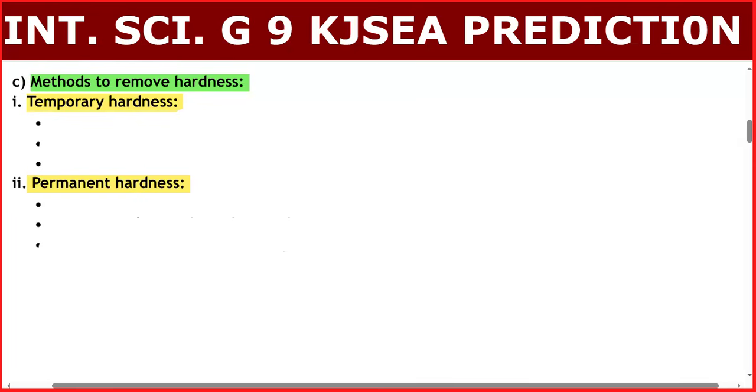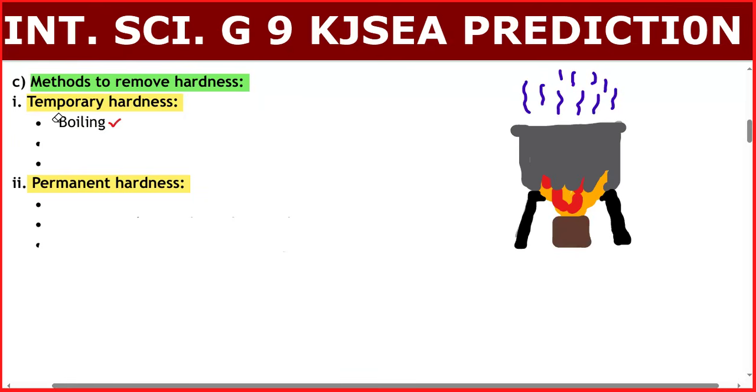All right, temporary water hardness can be removed by number one, you know it, very obvious. Number one, you can see here, this is boiling. So boiling, when you boil, the temporary hardness disappears and the water becomes soft.